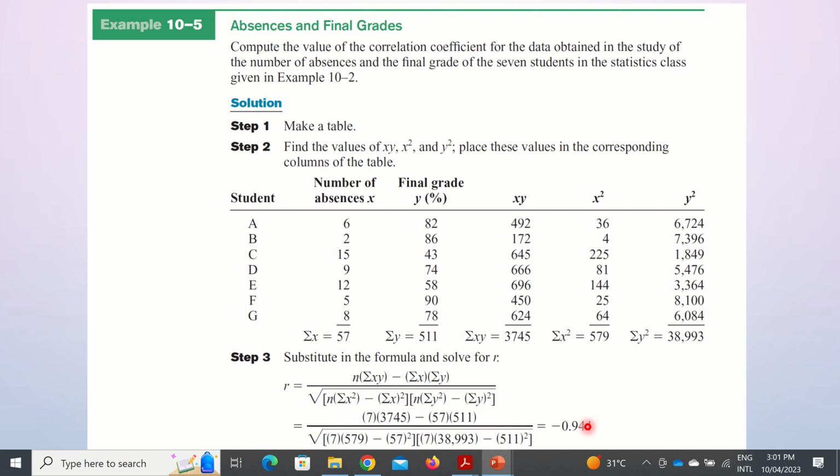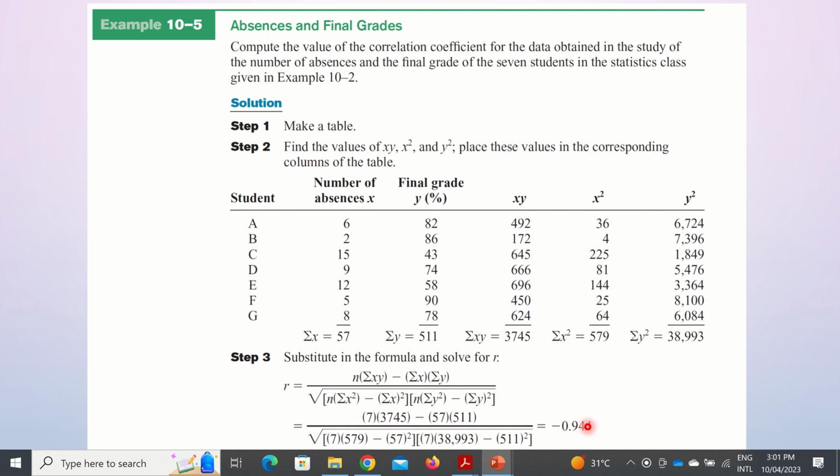Negative or positive relationship basically means this: if you are increasing one quantity, the other one will be increasing, and if you are decreasing one quantity, the other will be decreasing as well, if it has a strong positive linear relationship. And when it has a negative linear relationship, if you are increasing the values of x, the values of y will be decreasing linearly.